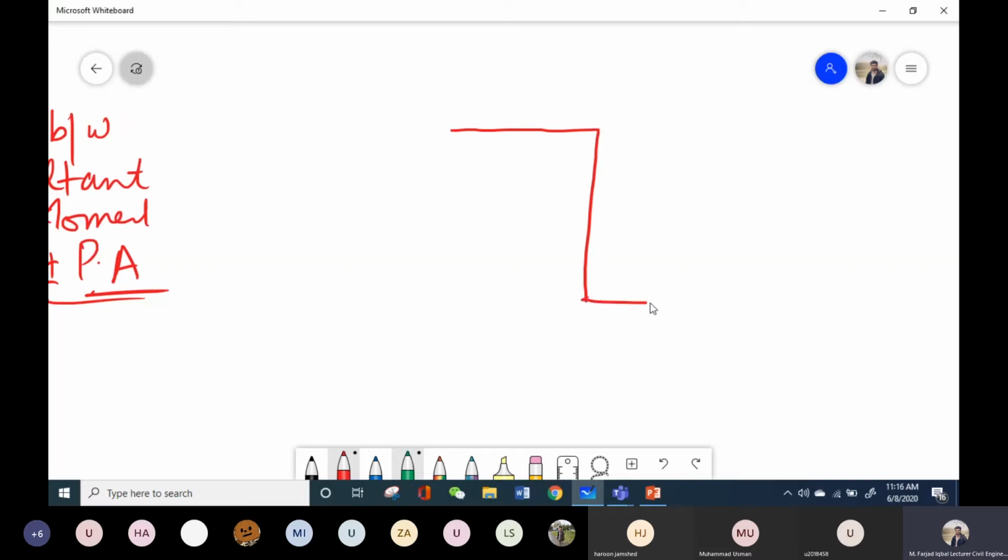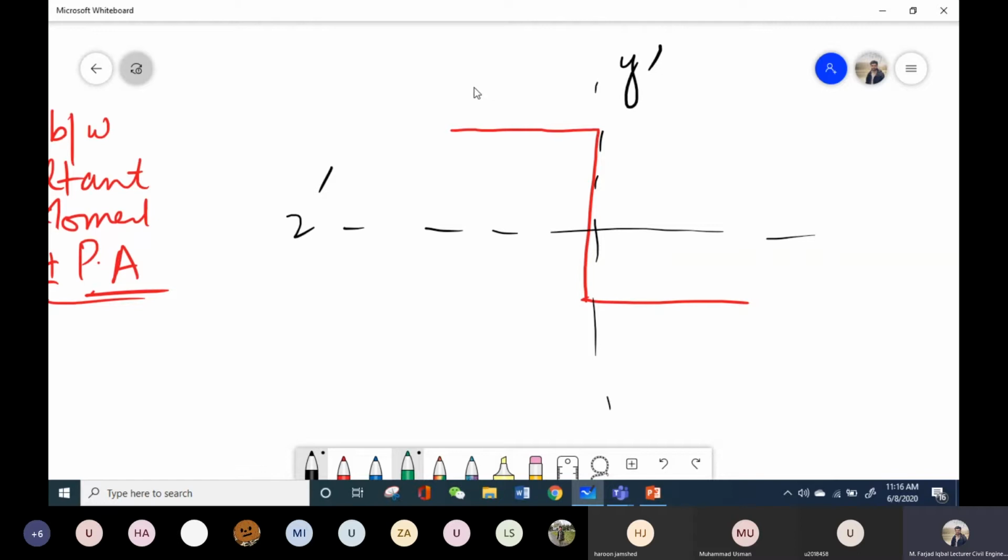For example, this is the Z section, and these are my original horizontal axes.